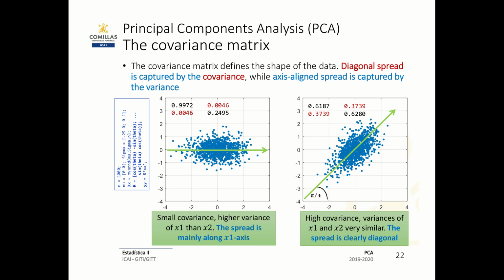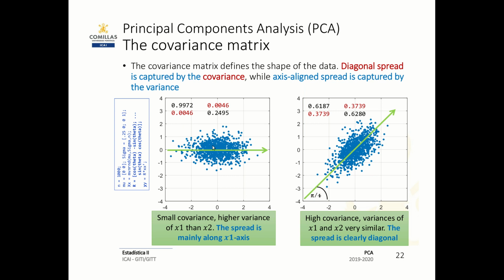Just a reminder, when we have a cloud of points, and we are showing it in 2D, but it applies to more dimensions, the covariance matrix defines the direction in which the data is varying. For instance, let's say that we have a diagonal covariance matrix, so the off-diagonal terms are almost zero.